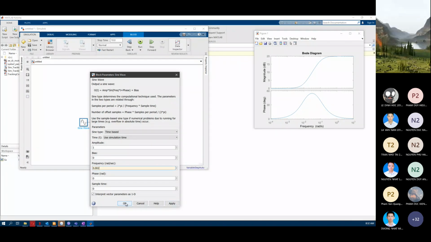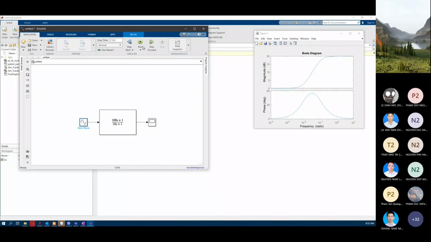Okay. All right. And we'll try to run it. Wait a little bit. Yes, it's finished. Now we see the output.